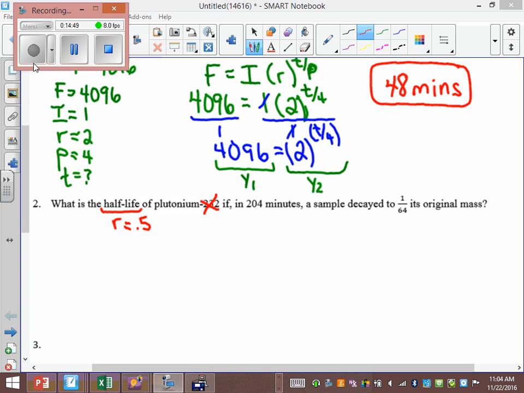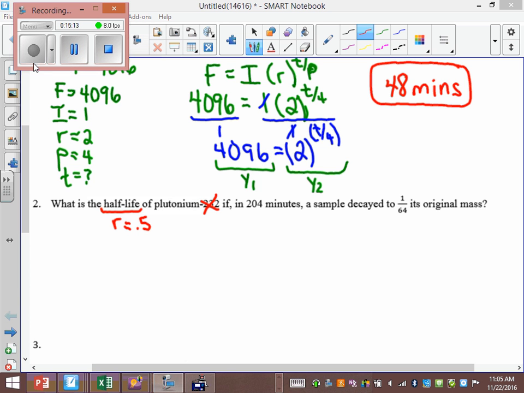Now, let's listen. What is the half-life of plutonium-232 if in 204 minutes. Is it giving us the half-life? It's asking us, what is the half-life? What's it asking us to find? Half-life is R. R equals 0.5. Which letter is it asking us to find?